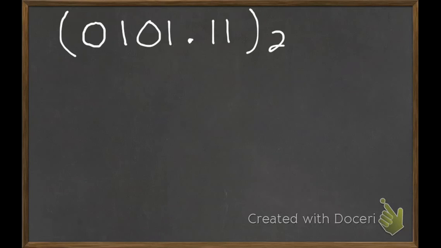If you go through the math on this, you'll see that it is in fact 5.75. 2 to the 0 plus 2 to the second is equal to 5. We put the decimal place there, and then 1 over 2 is 0.5 plus 1 over 4 is 0.25, so that's 5.75.